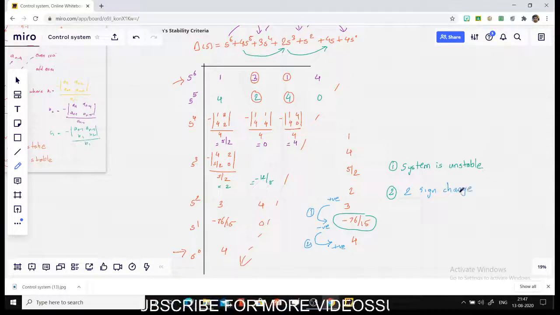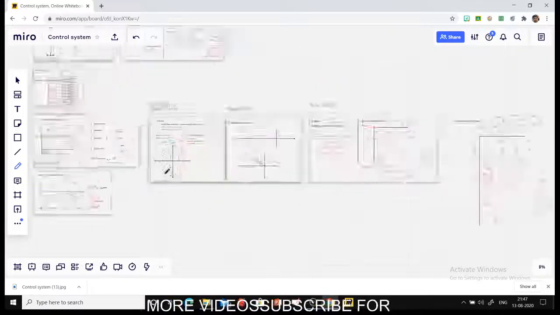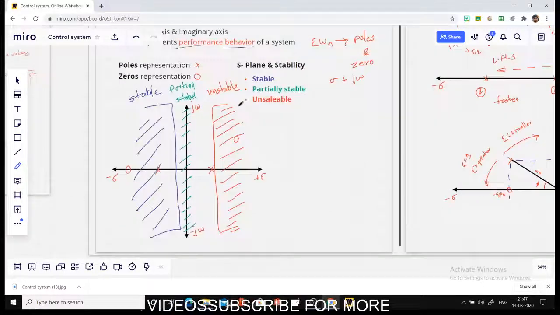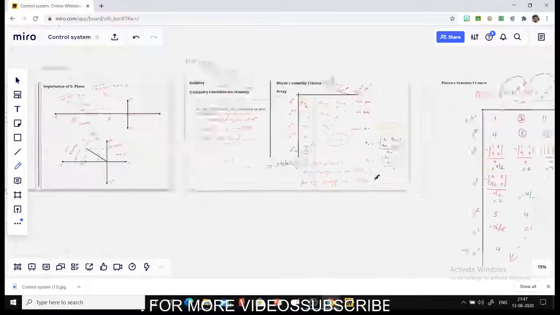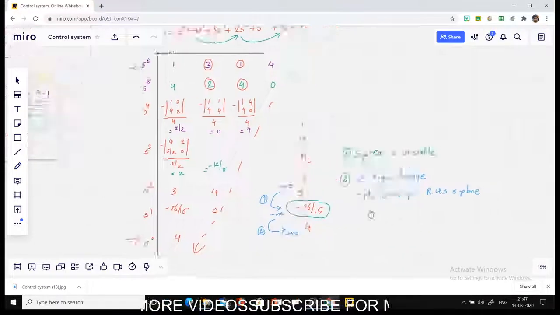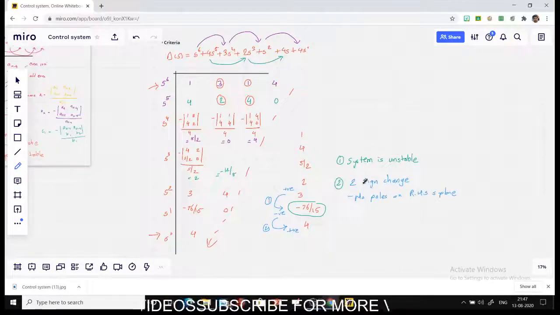The number of sign changes gives you the number of poles on the right hand side of your S plane. We have seen the S plane in previous videos. Whatever comes on the right hand side becomes unstable, so this system is definitely unstable. The second point gives how many poles are on the right hand side.